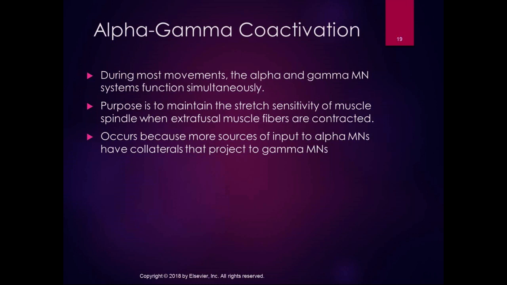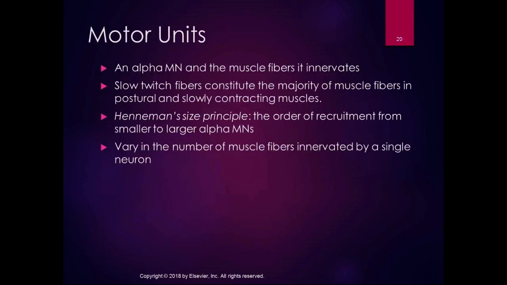The alpha-gamma coactivation occurs because most sources of input to the alpha motor neurons have collaterals that project to gamma motor neurons. So gamma motor neurons, because they have smaller cell bodies, require less excitation to reach threshold than do alpha motor neurons. So they work together to maintain the correct muscle length.